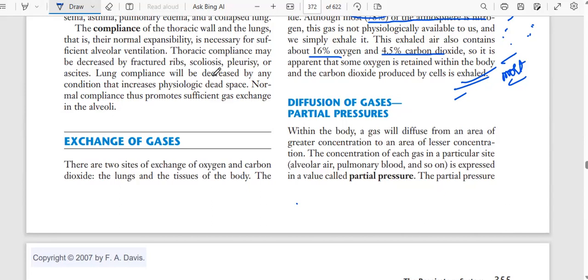If 10 patients are coming to a clinic, explain to 3 to 5 who are capable of listening and are interested. So here the next topic is diffusion of gases.